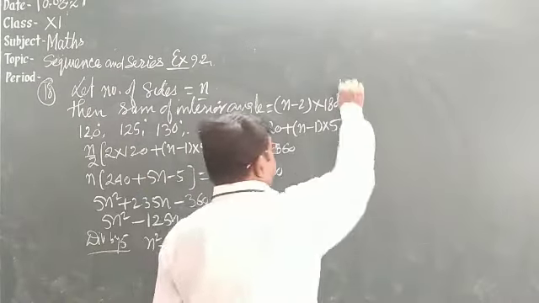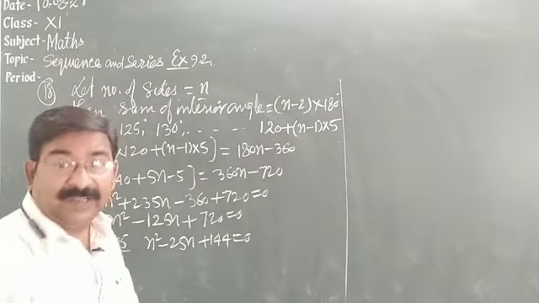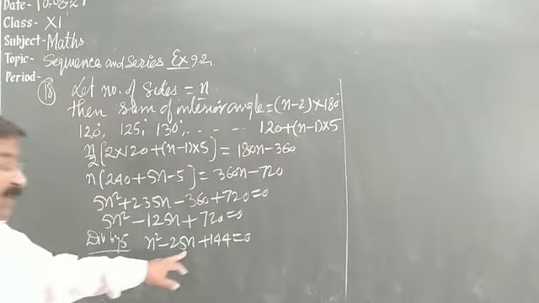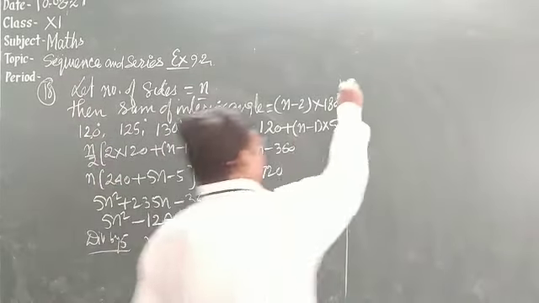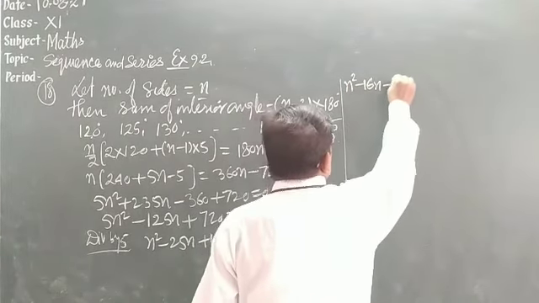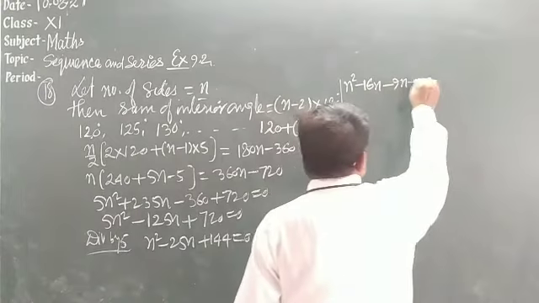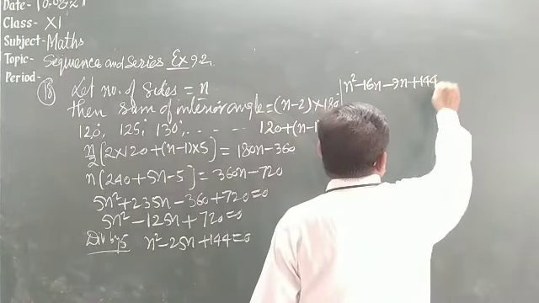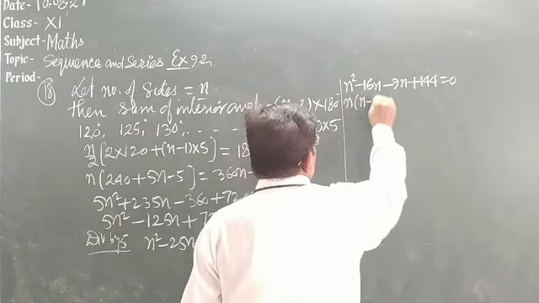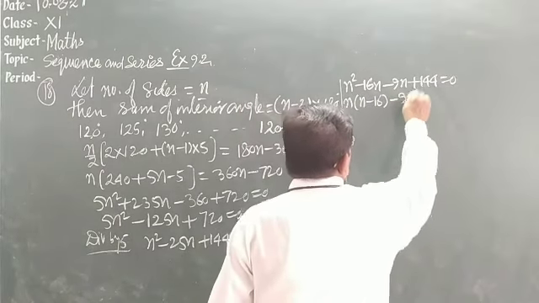Now we have to factorize this. 16 nines are 144, 16 plus 9 is 25. So we have n square minus 16n minus 9n plus 144 equal to 0. N is common. We have n minus 16, minus 9 is common.